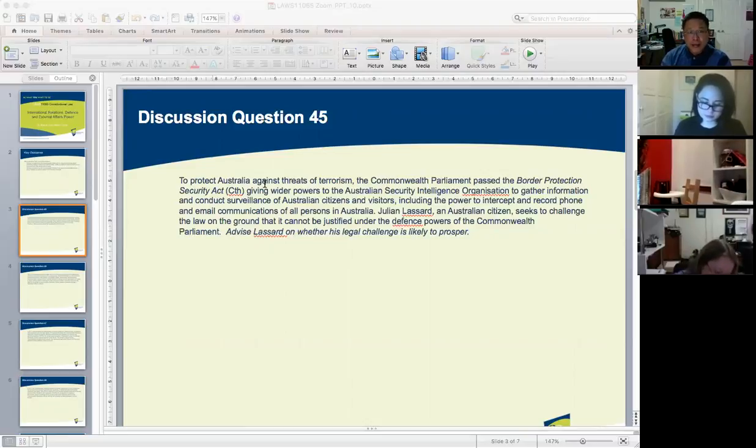As correctly pointed out, there is the case of Stenhouse versus Coleman, where the High Court has pointed out that there is a purposive test, which is recognized as a limitation of the exercise of the defense power of the Commonwealth under Section 51, subsection 6 of the Australian Constitution.